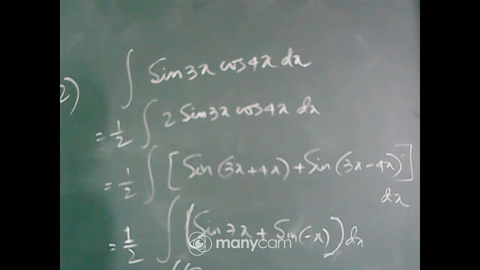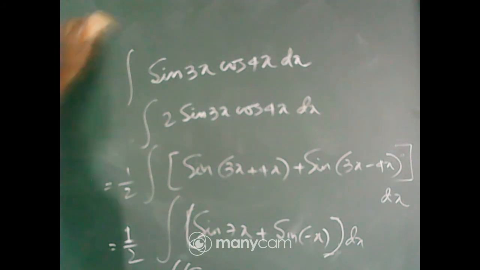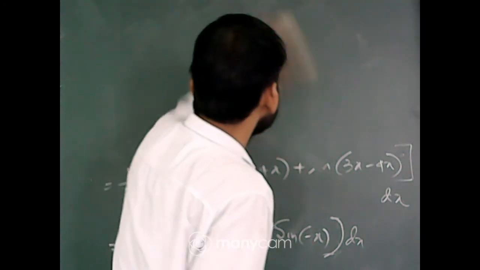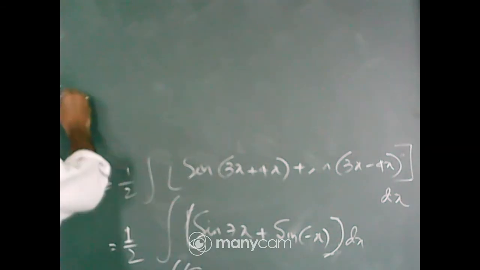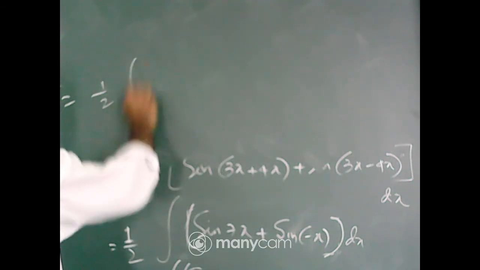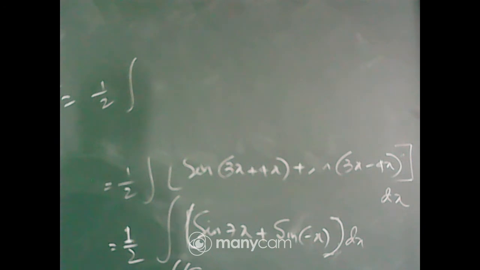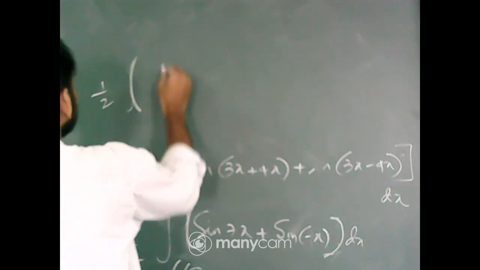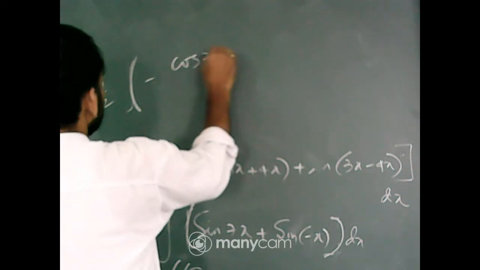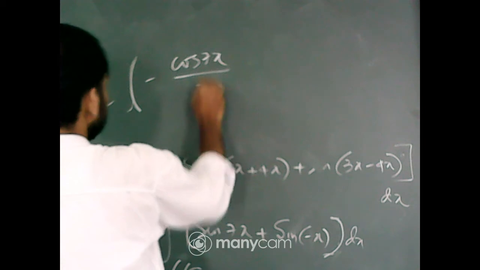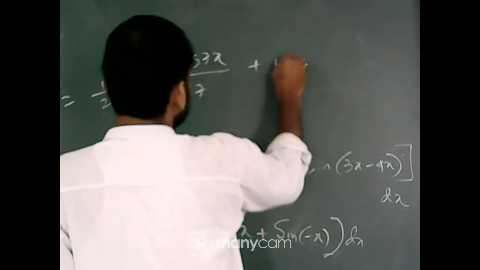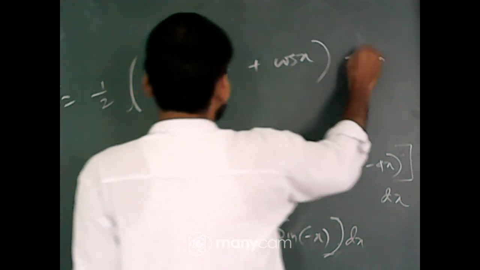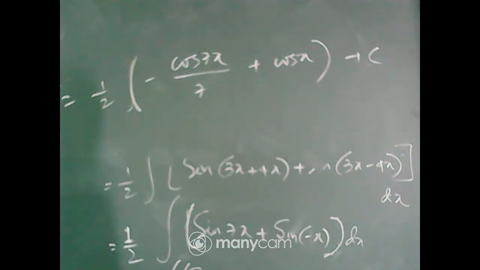So, just do the integration now and you will get the final result. So, half within the bracket minus cos 7x by 7 and then plus cos x plus c, because integration of sin x means minus cos x.